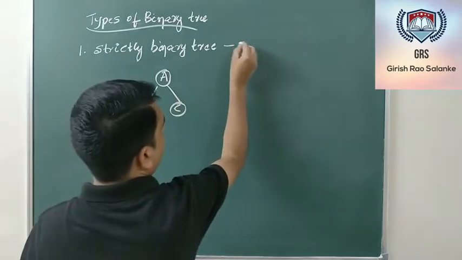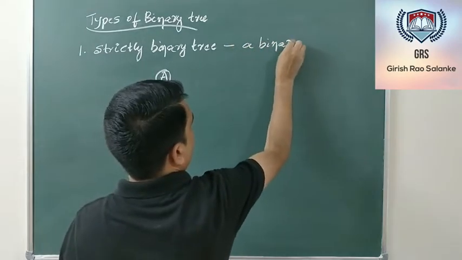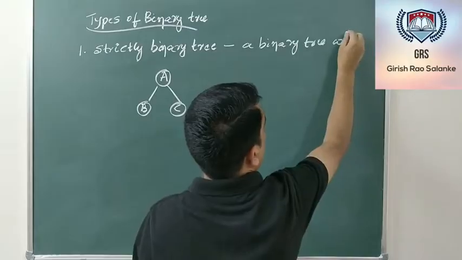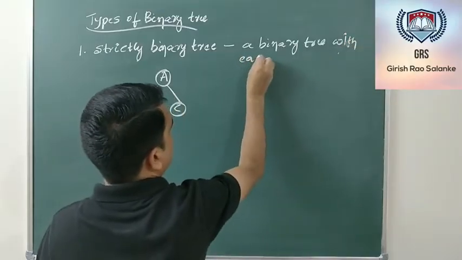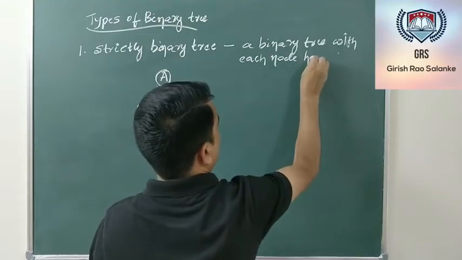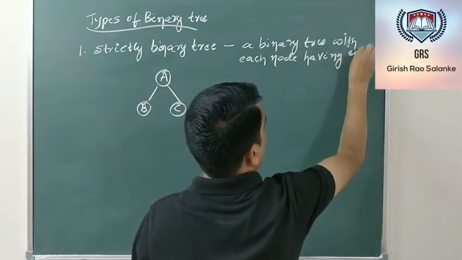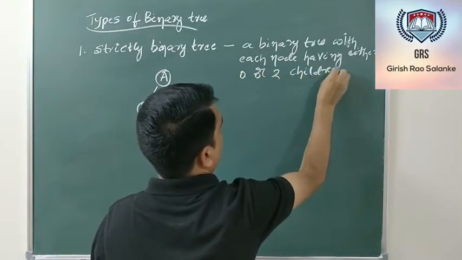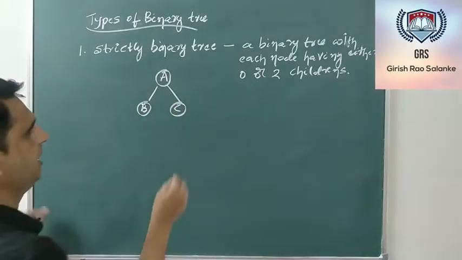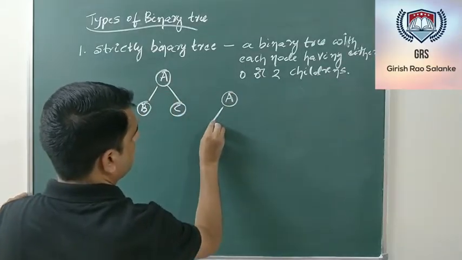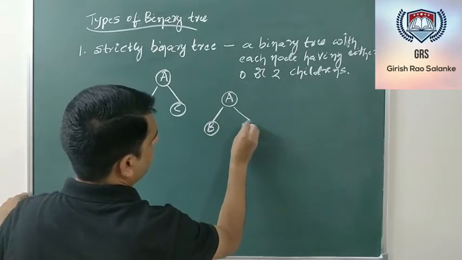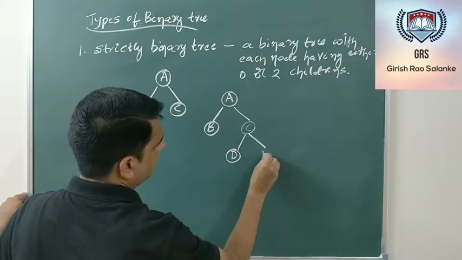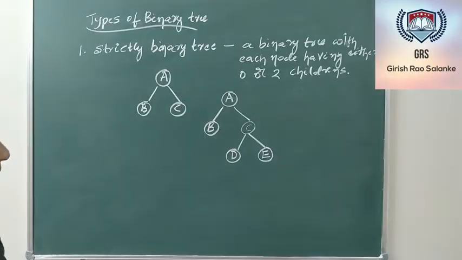Note that a strictly binary tree can be defined as a binary tree with each node having either 0 or 2 children. So this is one binary tree. I can take one more example, A, B, C. If I need to add children to C, I need to have 2 children, D and E. So this is about the strictly binary tree.